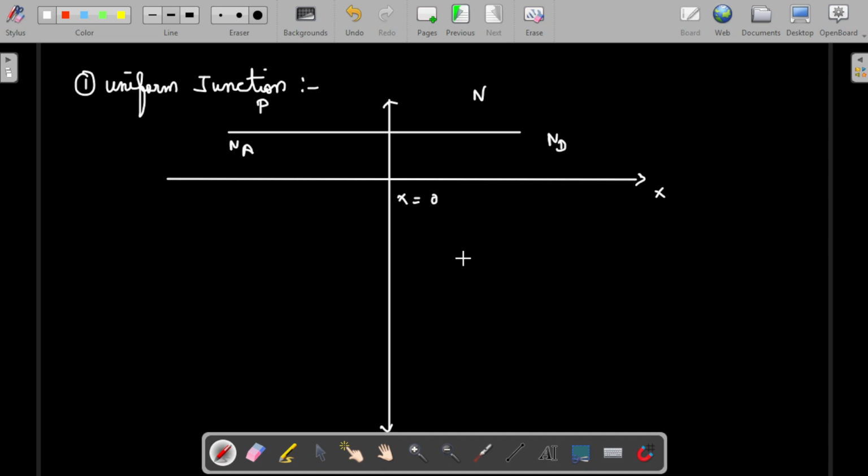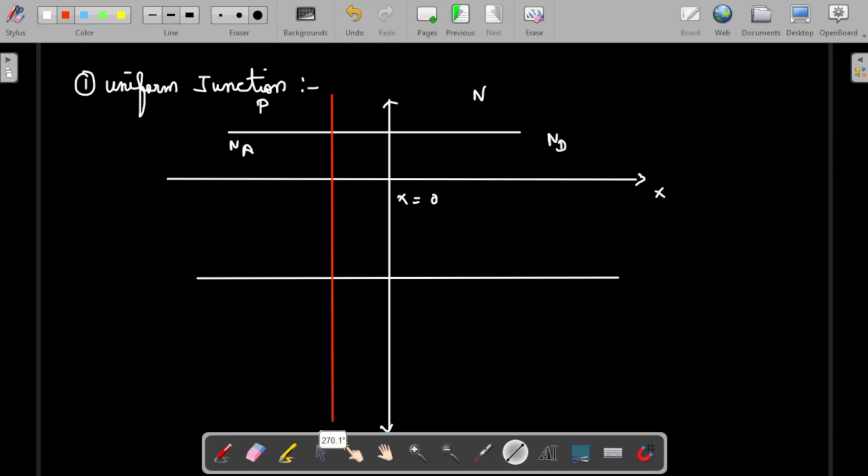So let's draw the charge density diagram for this one. If we draw the charge density diagram, it will trace the boundary. Let's consider some region as a depletion region and then trace its boundary. So let me draw one depletion region here.